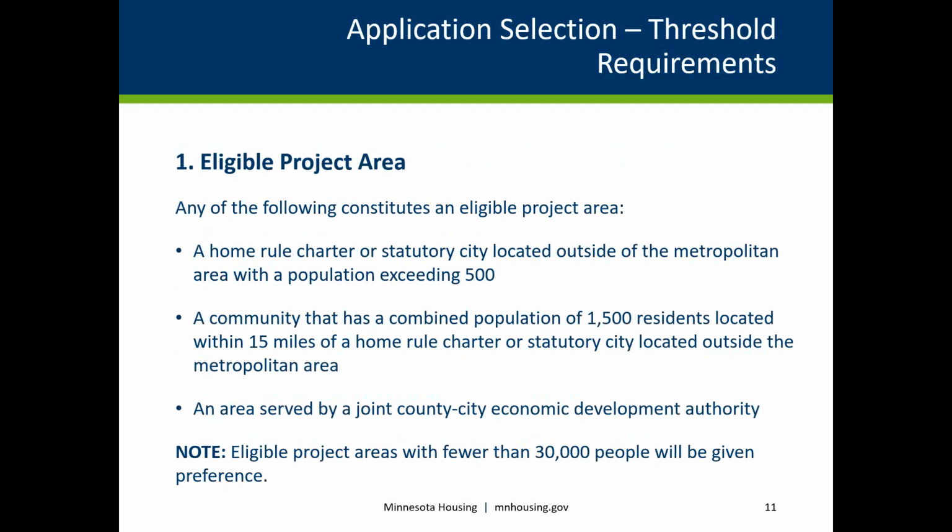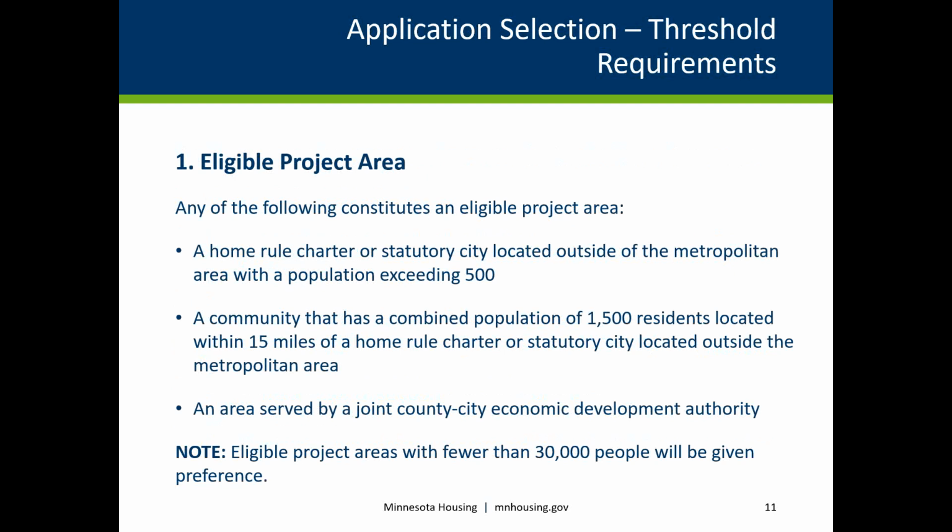So, eligible project area. Applicants must demonstrate that they are one of 3 eligible project areas. What do we mean by eligible project area? This term is from the Workforce Housing Statute. Essentially, eligible project area and eligible applicants or recipients mean the same thing.